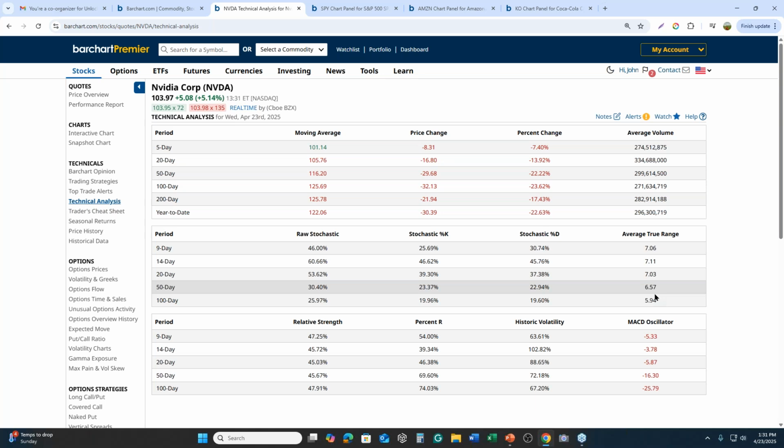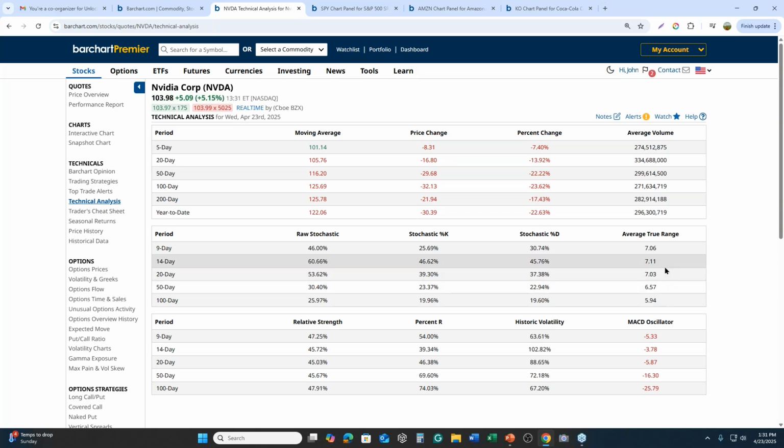Again, I think it's more a perspective of your time frame analysis, but I think the 9, 14, and 20 is probably where you want to be. I would be looking to see if the average true range is expanding or decreasing in terms of volatility. In this case, you can see for NVIDIA, it's just a little bit more than $7 in all of these time frames. So just remember that $7, okay?